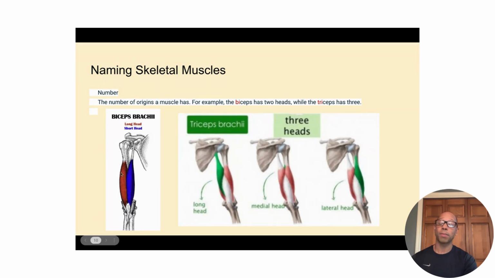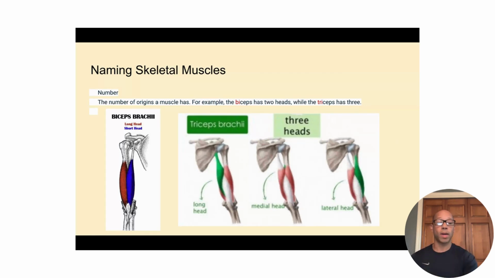Anytime you see biceps, like biceps brachii, or biceps femoris, that means there are two heads to that muscle, so two muscle bellies, and they're close to each other. Triceps brachii has three muscle bellies. We have the long head, the medial head, and the lateral head as well. The medial is kind of tucked behind there, you can't see that very well. So there are three heads to the triceps brachii.